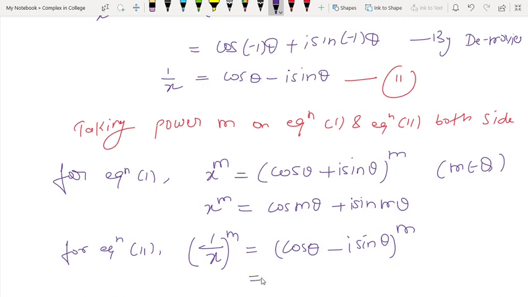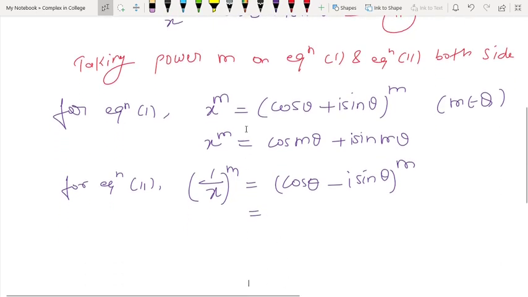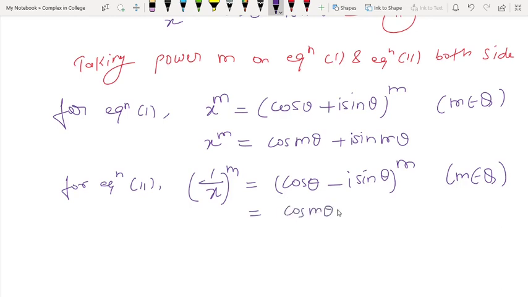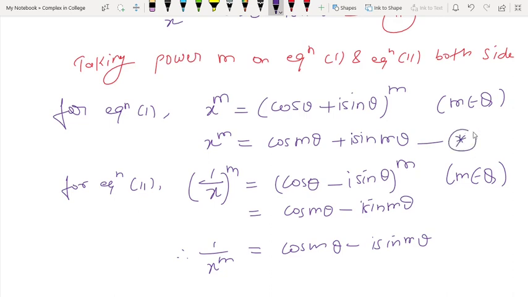Now again apply the same De Moivre's. m is also a rational number, and De Moivre's is valid only for rational numbers. So we have cos m theta minus i sin m theta. Therefore 1 upon x raised to m is equal to cos m theta minus i sin m theta. Let me call it star, and the other one double star.